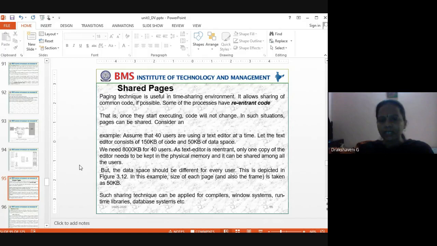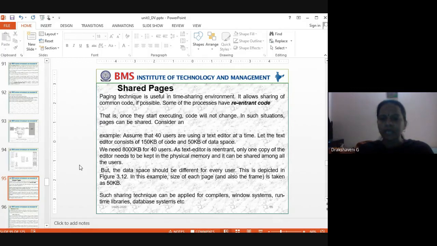As the text editor is re-entrant, only one copy of the editor needs to be kept in the physical memory and it can be shared among all the users. So there can be only one copy, and the same copy can be shared between many people. But the data space could be different for every user. This is depicted in the figure. We'll see in the next how this is being done.